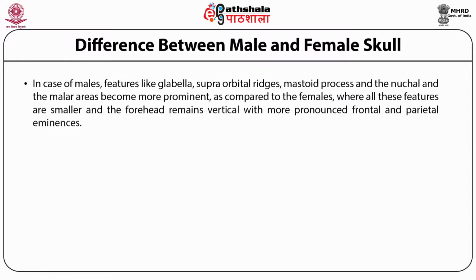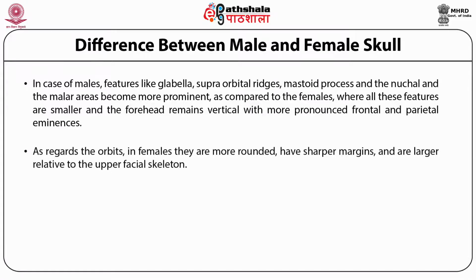In males, features like glabella, supraorbital ridges, mastoid process, and the malar areas become more prominent as compared to females, where all these features are smaller and the forehead remains vertical with more pronounced frontal and parietal eminences.